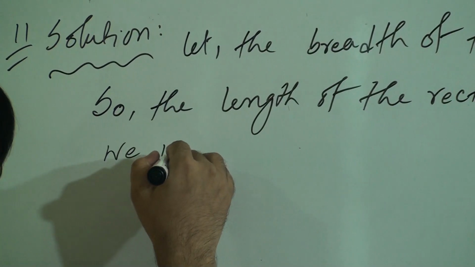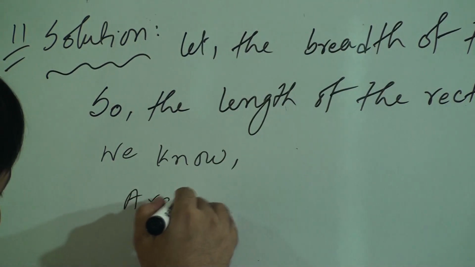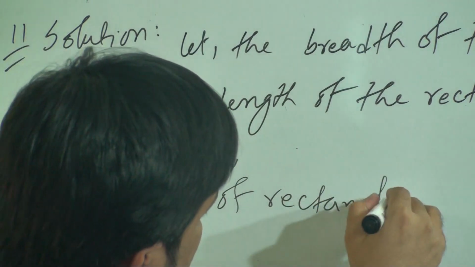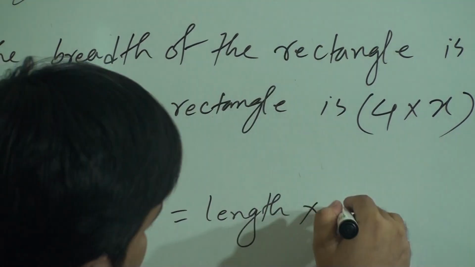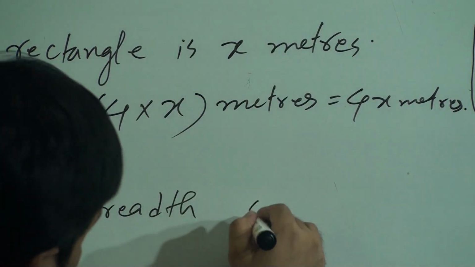We know, area of rectangle equals length into breadth, and the unit will be square unit.